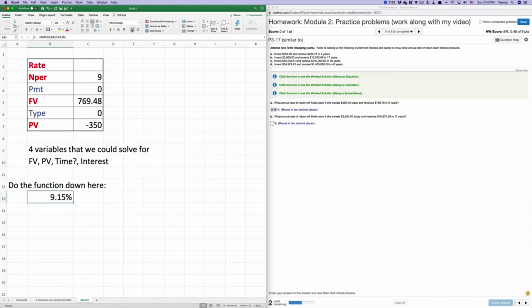So if I increase the decimals, it's 9.15%, which when I entered it, and in fact was correct. So when they say round, do what they say. Okay, so that is how you solve these figuring out the interest rate problems.